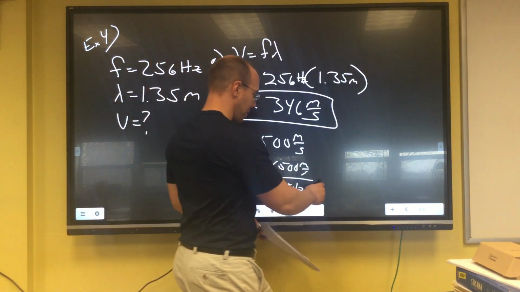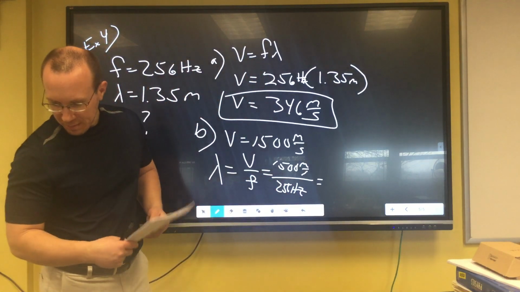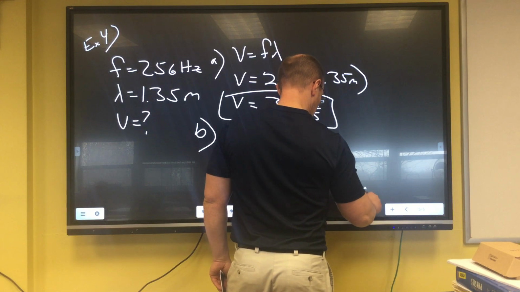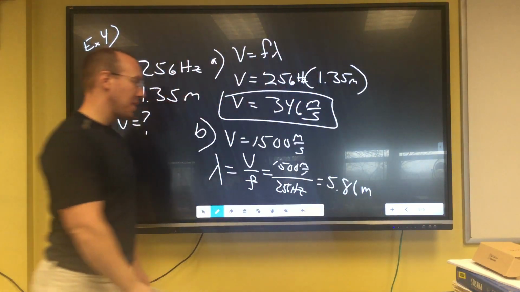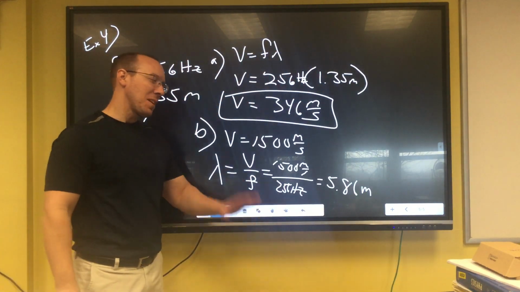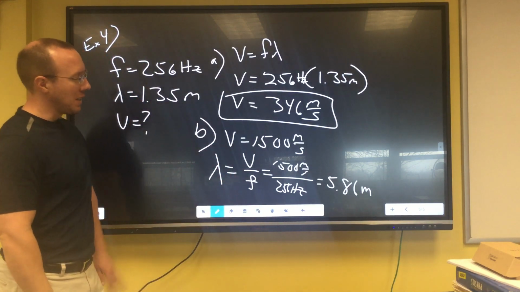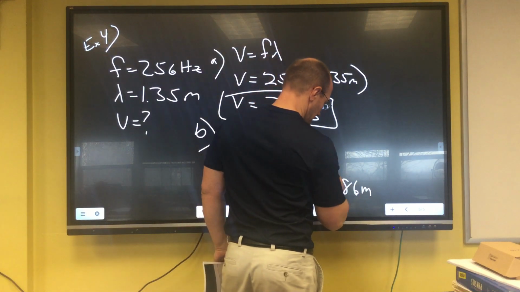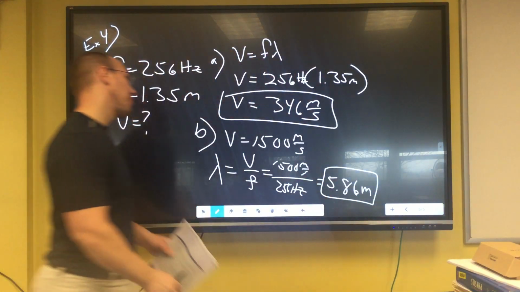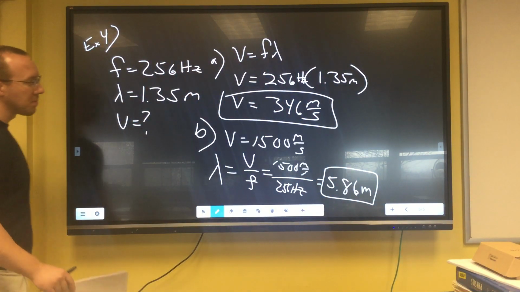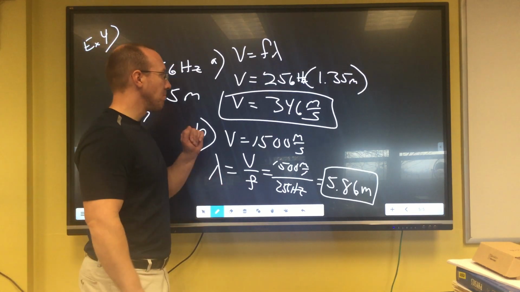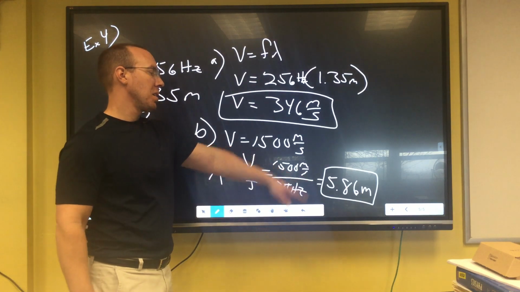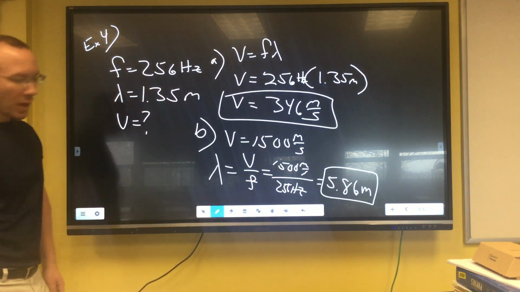And we're looking for the wavelength. 5.86 meters. I tell you, they mess around with these significant figures in the book, but if you have it written down as just 5.9 meters, that'd be perfect. So you notice here, we have faster velocity, same frequency, has to be a bigger wavelength.